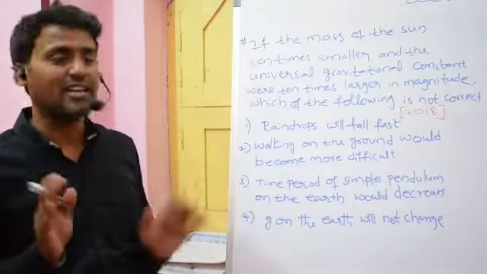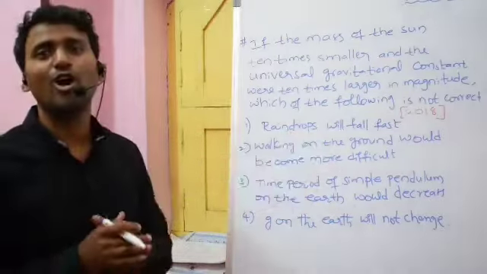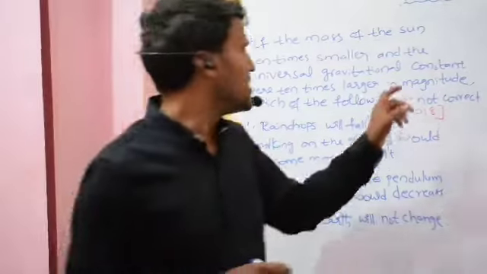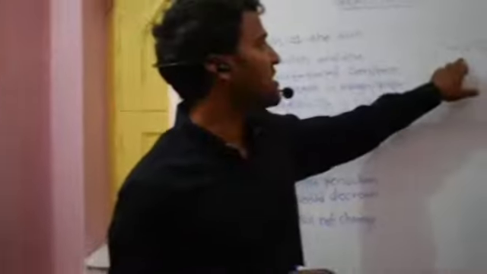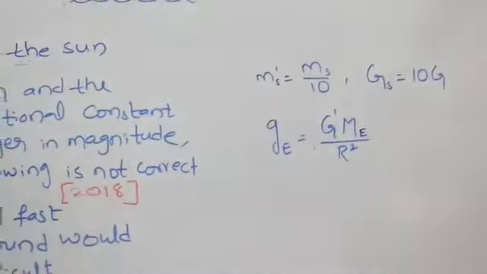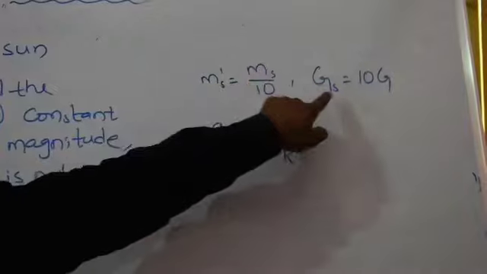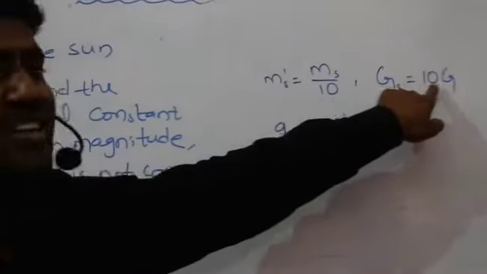We have to calculate. No need to think about these three options; we have to calculate this one first. They gave the mass of the sun as 10 times smaller. If the mass of the sun is 10 times smaller, so M_s divided by 10, M_s dash, then G_s gravity is nothing but 10g.